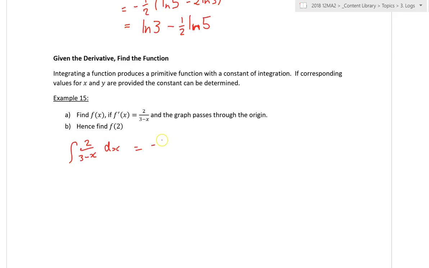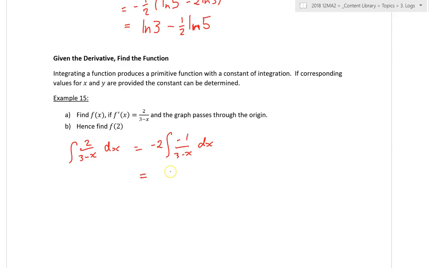So I'm going to have a negative 2 outside of the integral of negative 1 over 3 minus x dx. Right, can you see what we've done there? Just so that the top is the differential of the bottom. Right, negative 1. That negative 2, I can still expand it. I would come back to the positive 2.